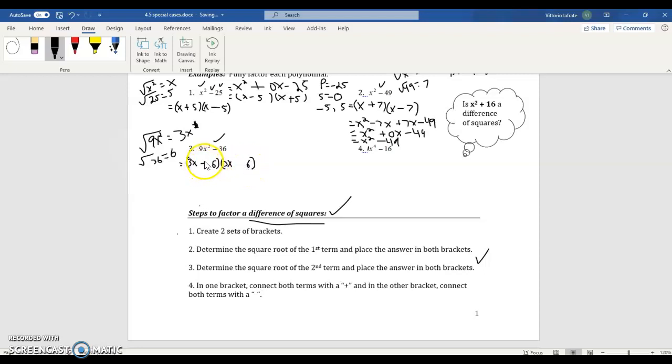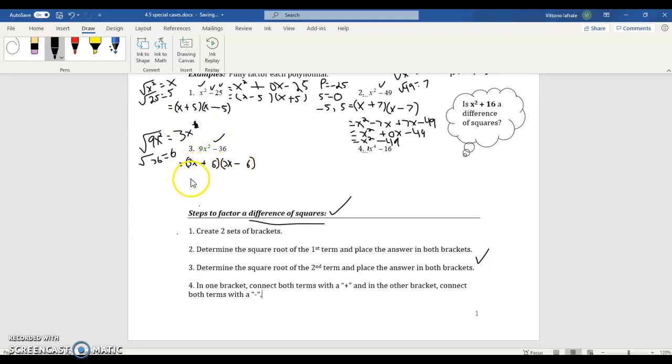And then we put plus in one of the brackets and minus in the other. And if you had put minus in the first and plus in the other, it doesn't matter. You can write these in any order. It's kind of like saying 2 times 3 is the same as 3 times 2. It doesn't matter the order when it comes to the multiplication, so you're fine if you did that either way. So if I put the minus here, the plus there, it doesn't matter.